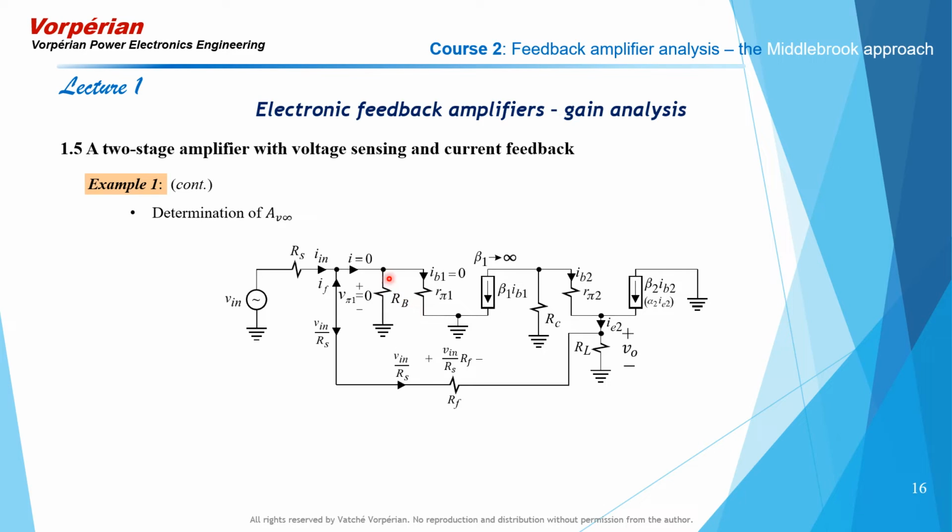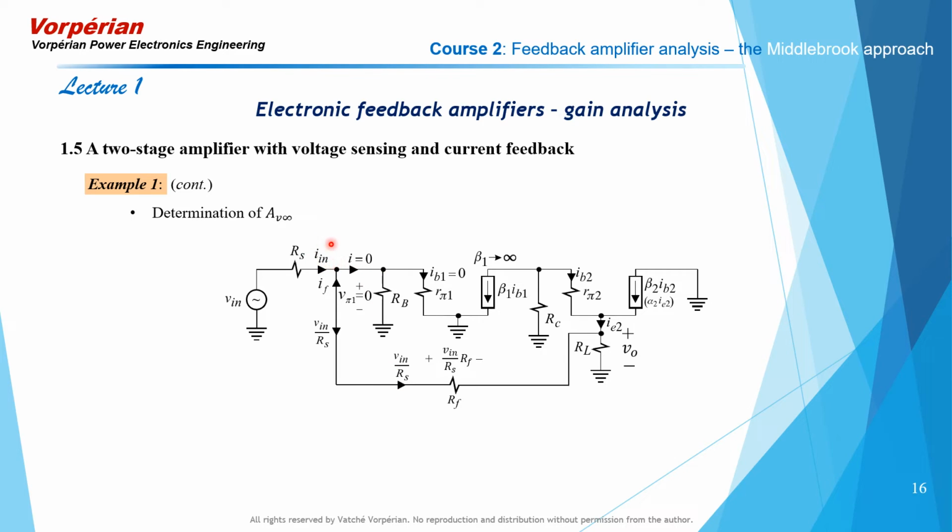But that voltage is the same as the voltage across RB, and hence, when beta 1 goes to infinity, this node here goes down to ground potential, and there will be no current flow neither through R pi 1 nor through RB. That will make this current I here equal to 0. What that means is that the entire input current at this junction will turn around and flow through the feedback path, since there is no current going this direction.